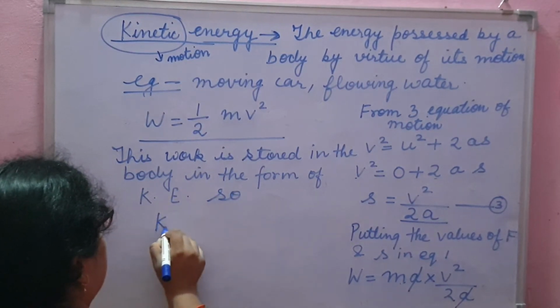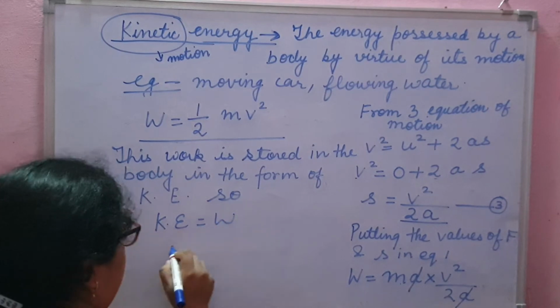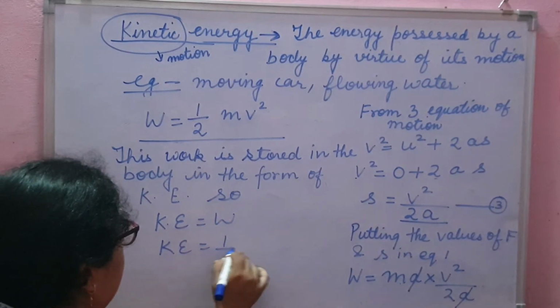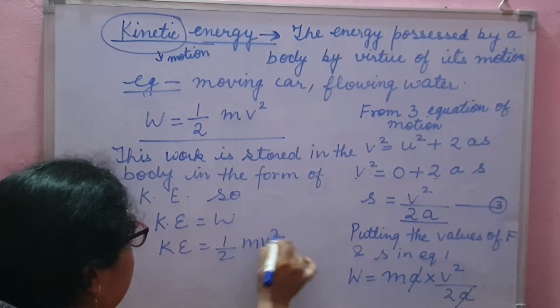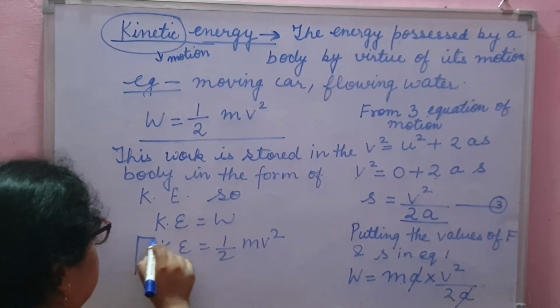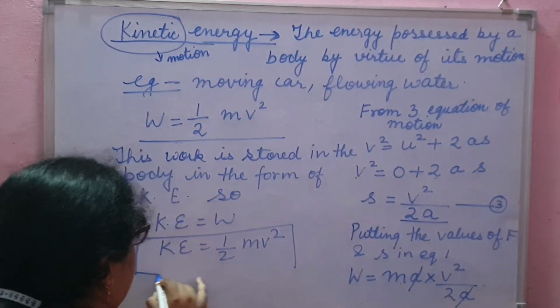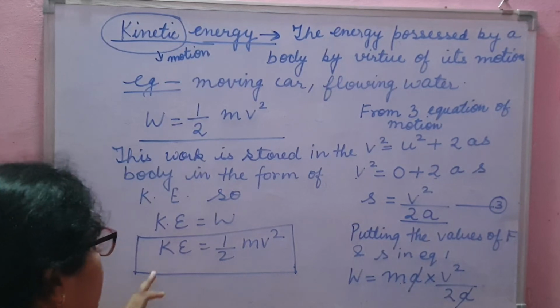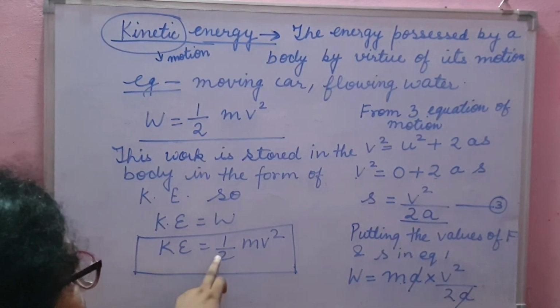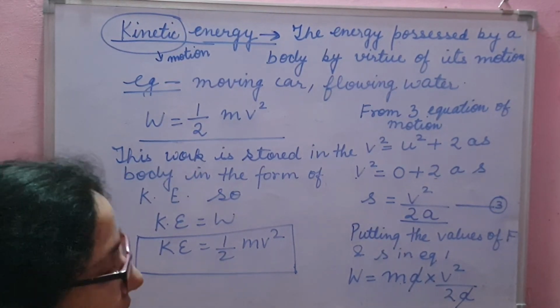So we can say that kinetic energy is equal to work done. So kinetic energy is equal to half mv square. This is the formula for kinetic energy of a body.